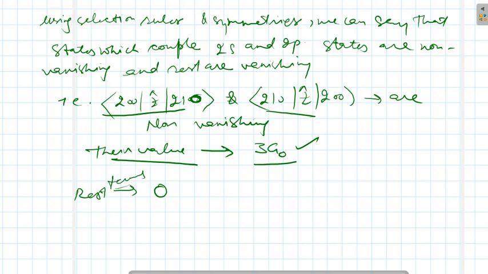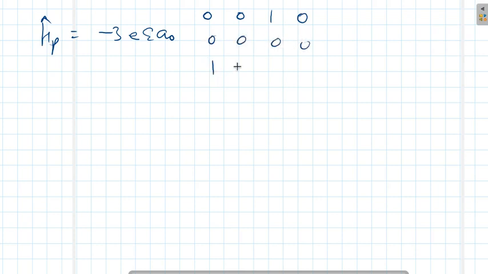So the perturbed Hamiltonian can be written as H_P is equal to minus 3e epsilon a0 times the matrix with 1 in the (1,3) and (3,1) positions and 0 everywhere else. So that's what is going on here.